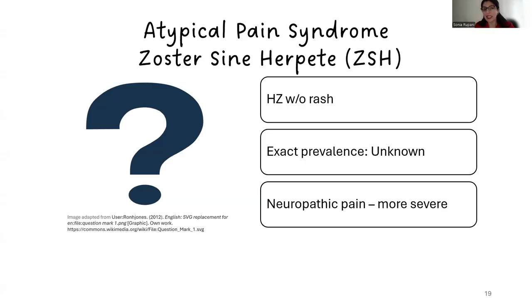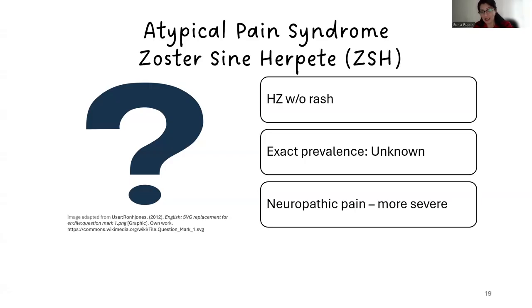The exact prevalence is not known, and one would think it could be because it's misdiagnosed or underdiagnosed, or we may not be able to tell what this is because no rash comes right after.